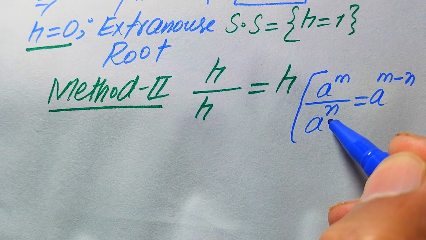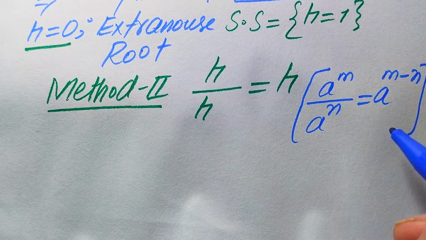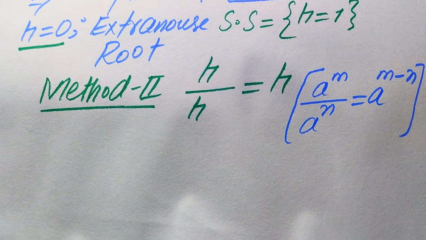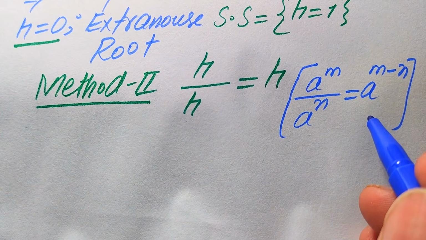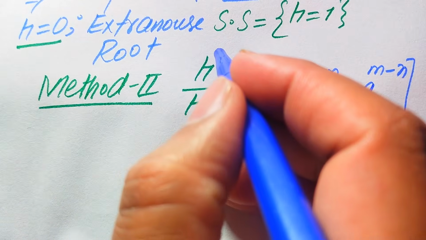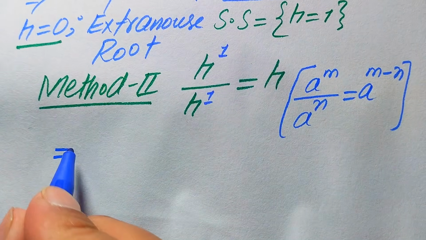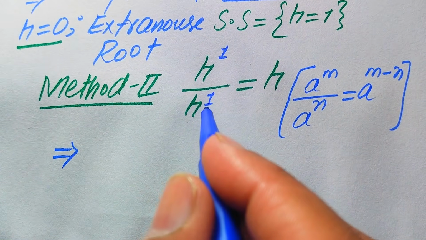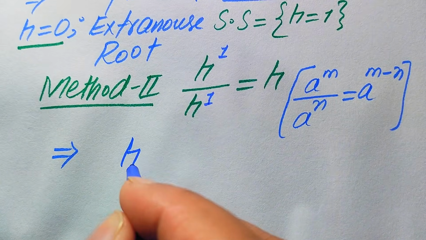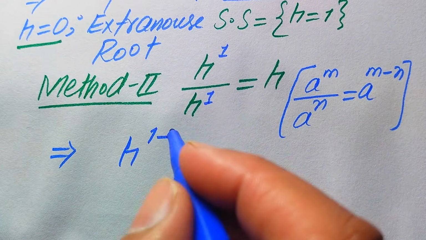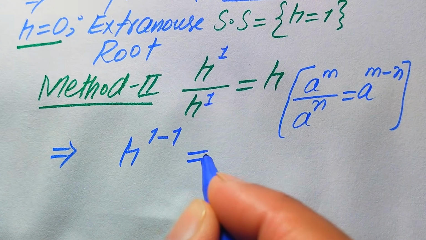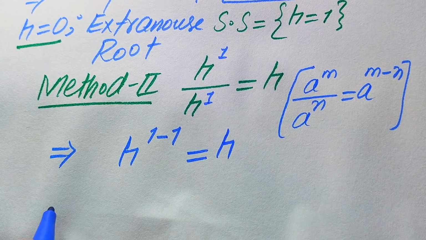So we move the exponent from the denominator towards the numerator, and it will be written in this form. You see here in the left hand side the exponents of both of these two terms are 1, so h to the power of 1 minus 1 is equal to h.